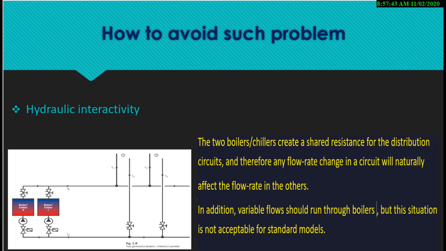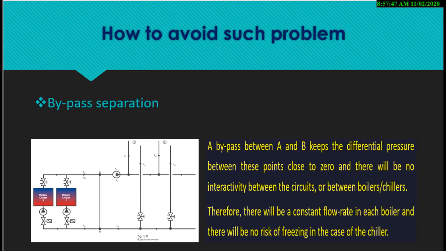Second, bypass separation. A low pressure drop bypass line here, or even typically a hydraulic separator between production and distribution, solves these interactivity problems. However, the compatibility between production and distribution flow rates must be ensured.